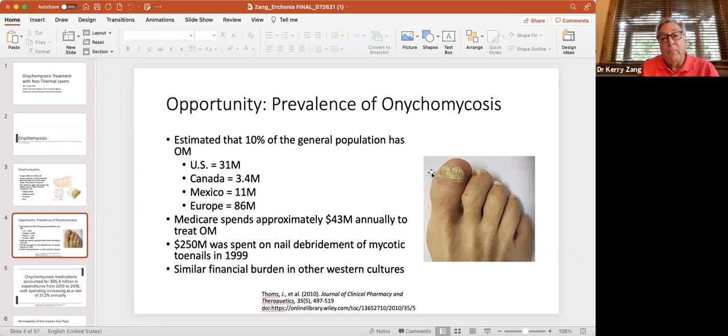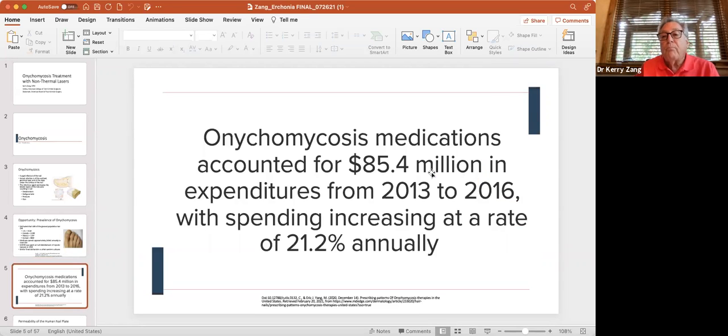In the US, Medicare spends over $43 million a year to treat it, and 250 million were spent on just nail debridement with no attempt at trying to eliminate the mycosis, period. This has become somewhat of a financial burden in some of the Western cultures. Medication accounted for 85 million in expenditures from 2013, a 21% annual increase.